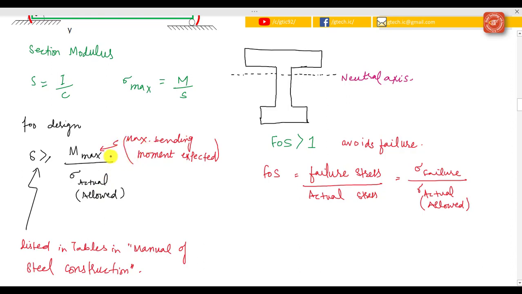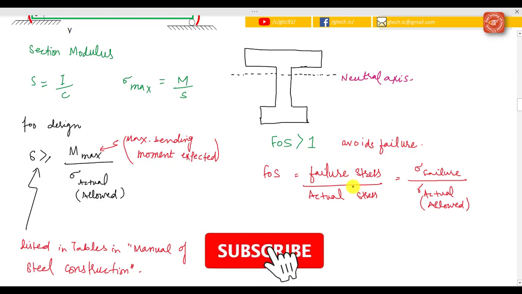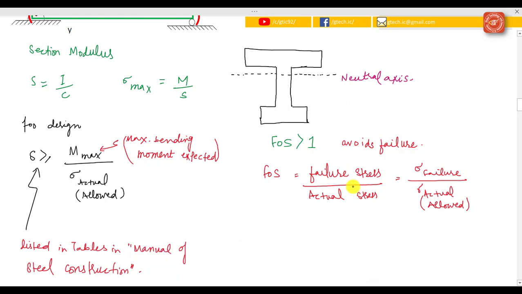So as an engineer, we insert in our design a factor of safety, and we want that factor of safety to be greater than 1, and we as the engineer define what we are going to use as the failure stress.